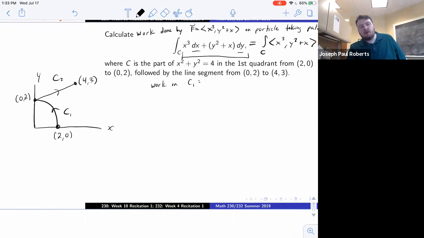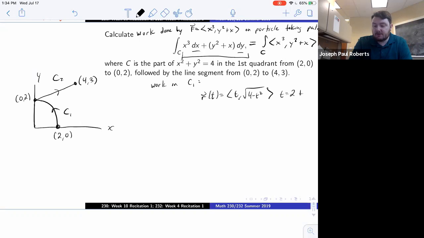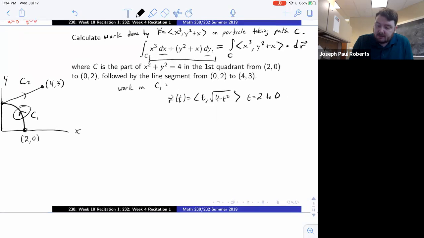Okay, so for C1, you could do r of t is t comma square root of 4 minus t squared, from t equals 2 to 0 would take care of it. T equals 2 to 0, because with these work questions, you do have to pay attention to which direction you're going. So if you read carefully, it says we're from 2, 0 to 0, 2.